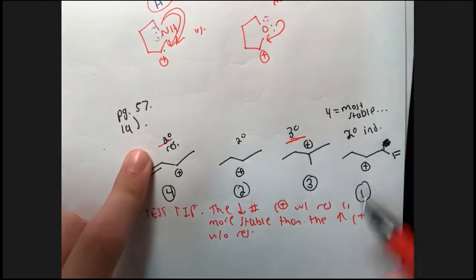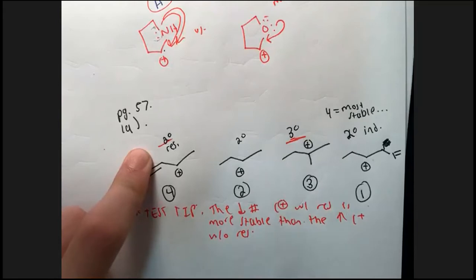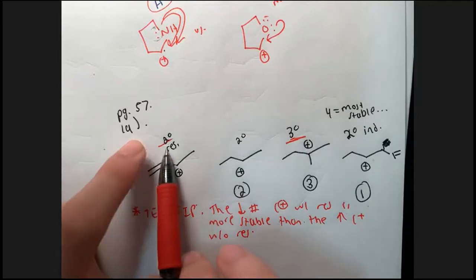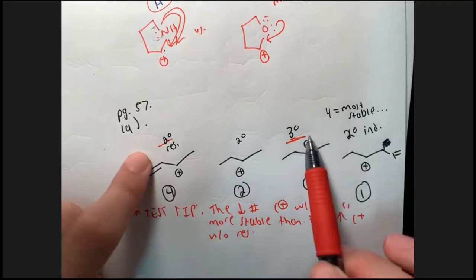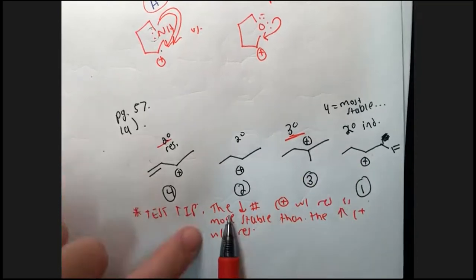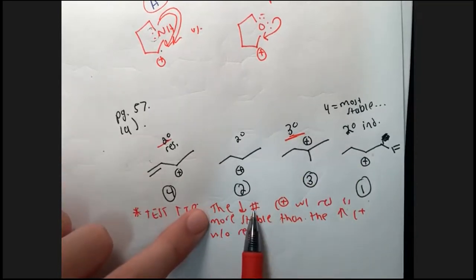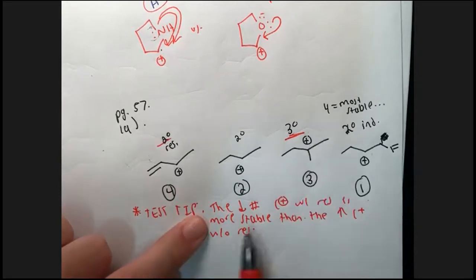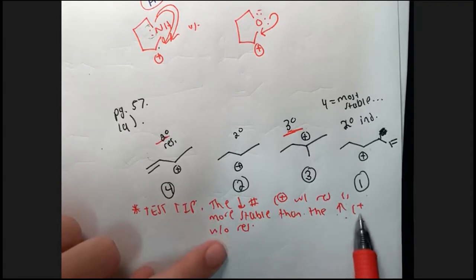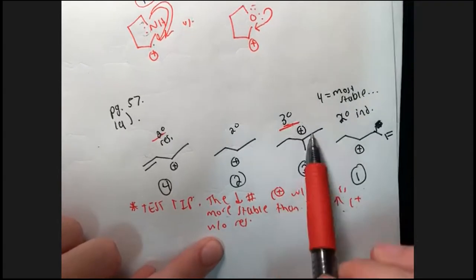We had this example in this problem also last semester, and I'll clarify it in a second. So secondary with resonance versus a tertiary. And the test tip that I'm always gonna say is the lower number carbocation with resonance, secondary versus tertiary, is more stable than the higher number carbocation, the tertiary, without resonance, okay?